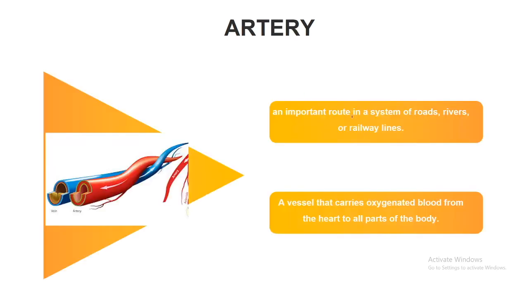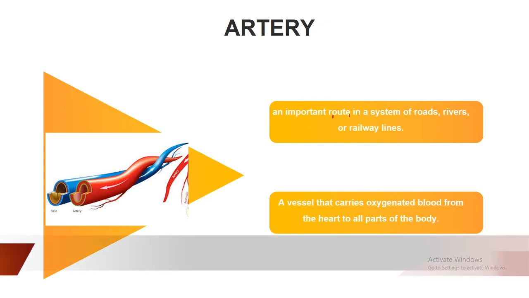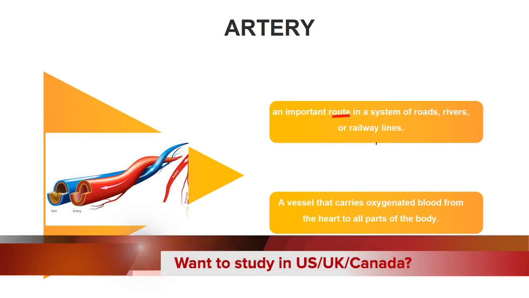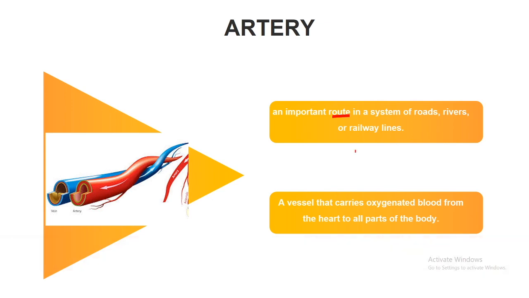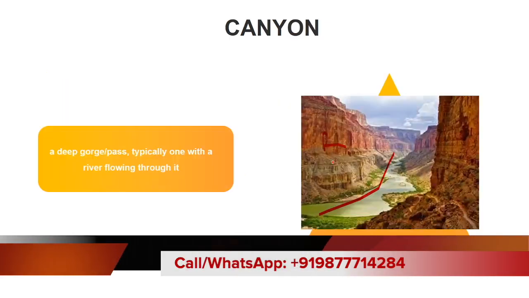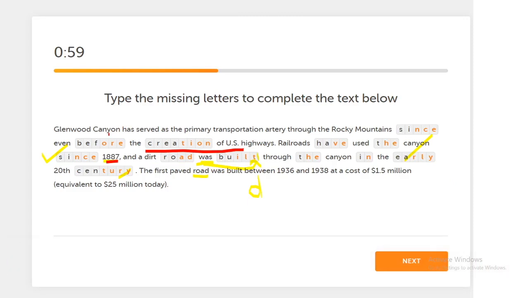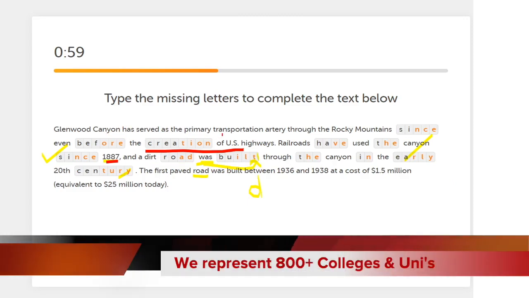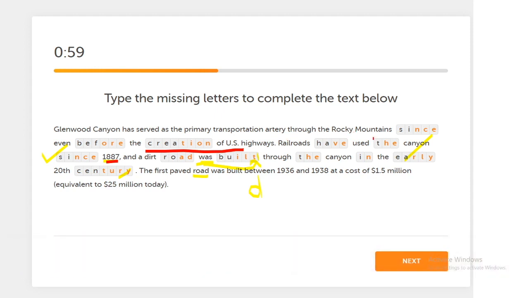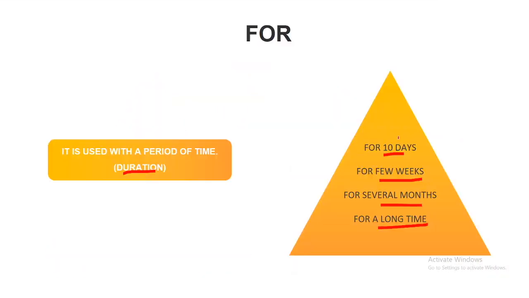Artery, an important route. So it's a route in a system of roads, rivers, or railway lines. So in this particular passage, what is an artery? So artery is a river in this case. Glenwood Canyon has served as the primary transportation artery through the Rocky Mountains.